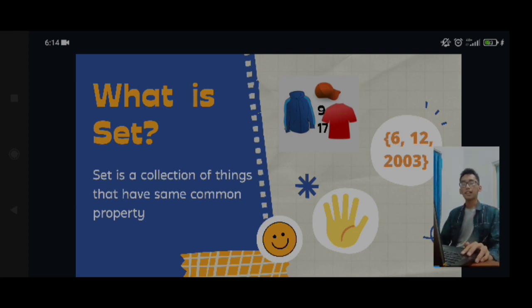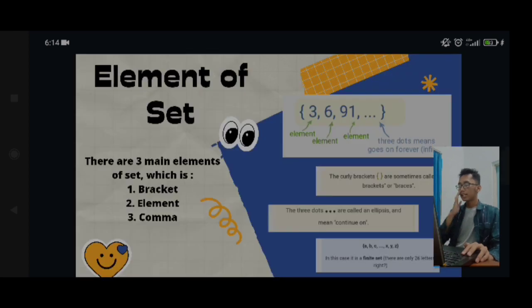Next, we have the elements of a set. There are three main elements of a set: a bracket, an element, and a comma. What is a bracket? Especially the curly bracket in a set, it separates the elements inside the set from what is outside of the set. That's why we use brackets at the beginning and the end of the set.